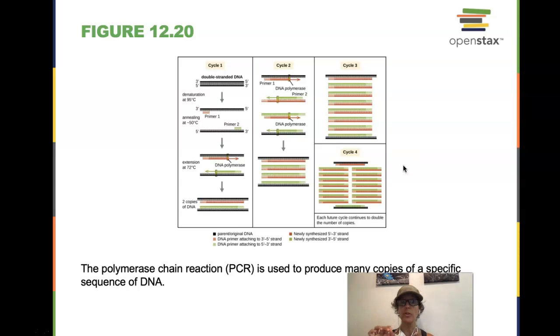We double the number of copies every single time. So if we do 20 cycles, that would be 2 to the 20th power number of DNA molecules. So we can create an enormous amount of DNA. And to do 20 to 32 cycles takes around 3 hours. It's not that long.